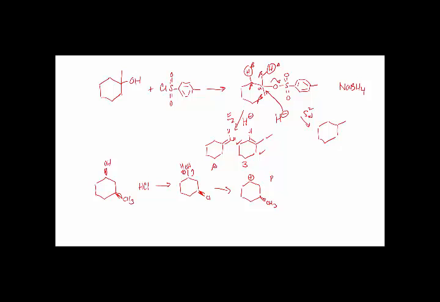And now for the Cl minus, how is it going to add to the ring? Well, it can add 50% above, 50% below. And so I'm going to end up with 50% bold C-Cl and 50% dash C-Cl.